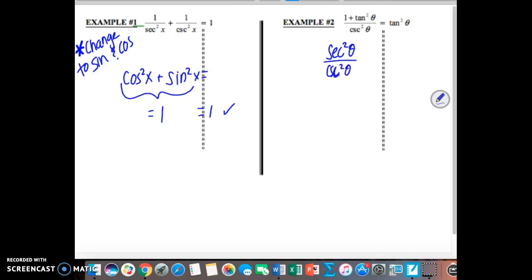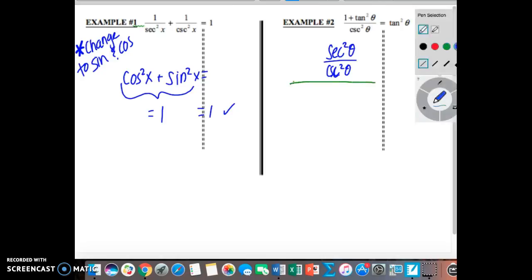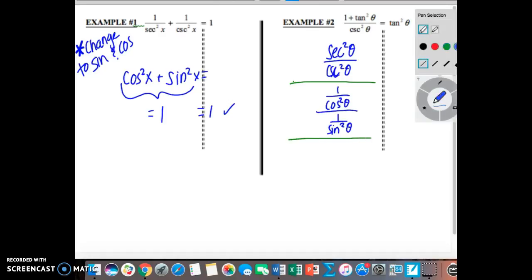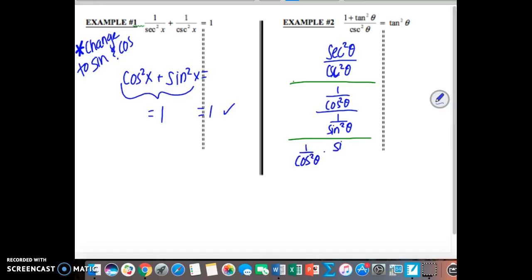So now, rewriting everything in terms of sine and cosine, we will have 1 over cosine squared theta divided by 1 over sine squared theta. Now just multiplying by the reciprocal, we have 1 over cosine squared theta times sine squared theta divided by 1.